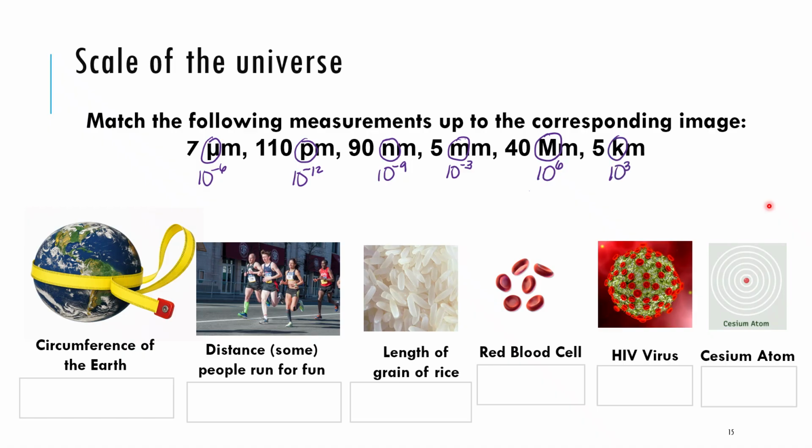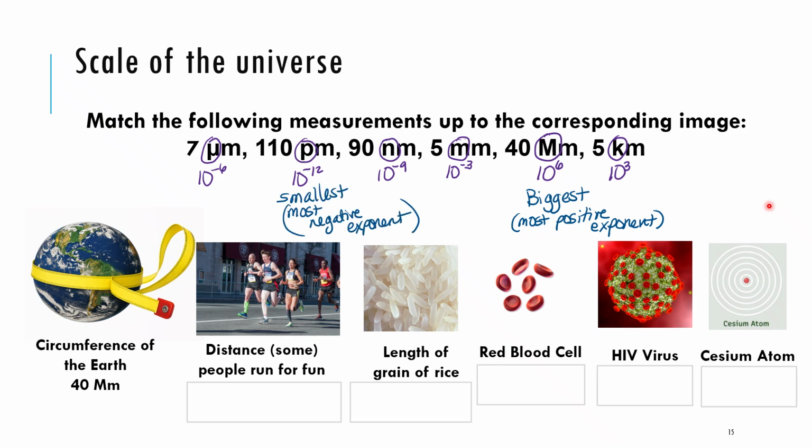The largest value corresponds to the largest positive exponent, which is megameters. Therefore, 40 megameters matches the circumference of the Earth. The smallest value corresponds to the most negative exponent, which is picometers. Therefore, 110 picometers matches the size of a cesium atom.